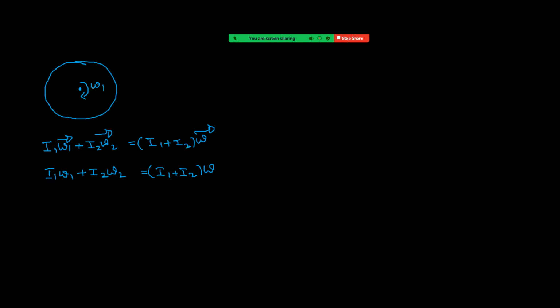Suppose one is clockwise, the other anti-clockwise. Then one is positive, the other will be negative. Then I1 omega 1 minus I2 omega 2, or you can take a difference, okay? Whichever is more, that is equal to I1 plus I2 into omega. So we have to focus on the sense of rotation. Here I have taken both in the same sense, both clockwise or both anti-clockwise. Here, one is clockwise and one is anti-clockwise.